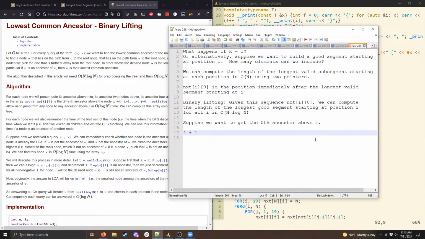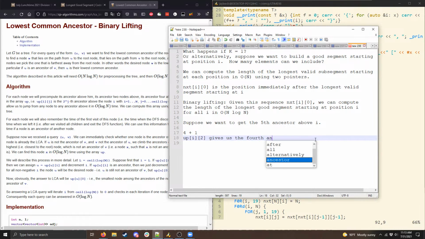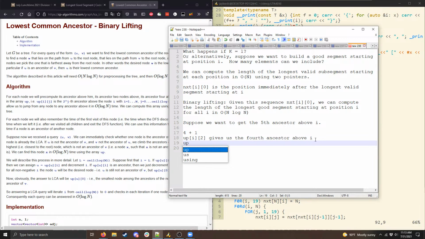And so then using up of i of 2 gives us the 4th ancestor above i, and then up of this value of 0 gives us the first ancestor above this value, or the 5th above i.